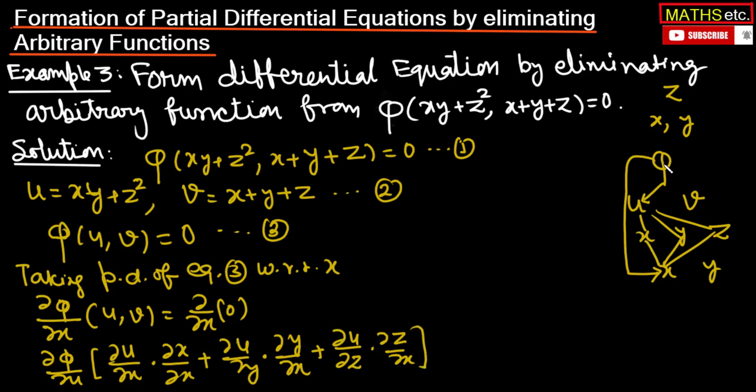Then again the second branch will pass through the v variable. So this will be v, again 3 branches: x to x, y to x, z to x. So in this expression, u will be replaced by v and the rest of the expression will remain same. So this is plus that.